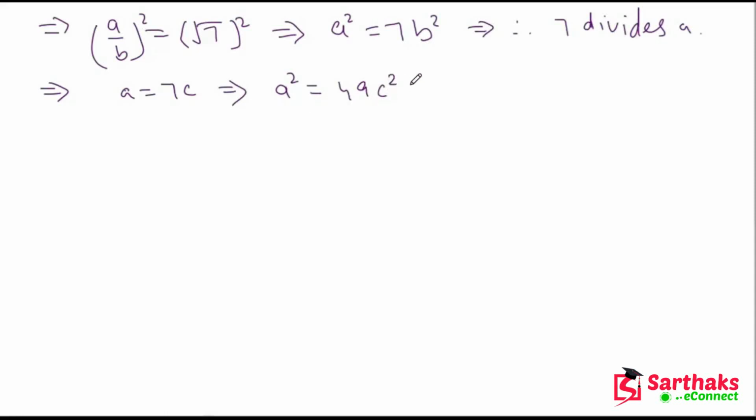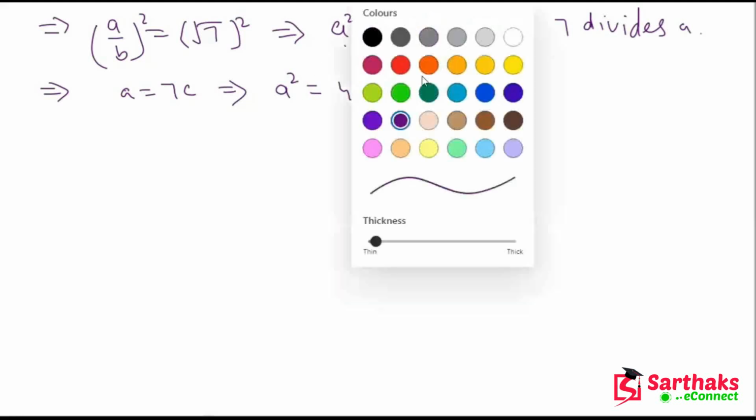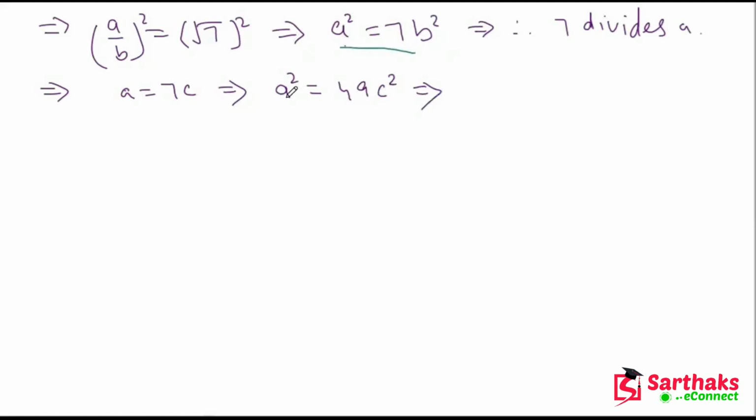Comparing this and this, we can write 7b square equals 49c square, or b square equals 7c square, cutting by 7.